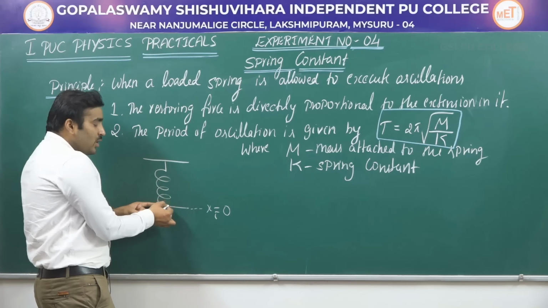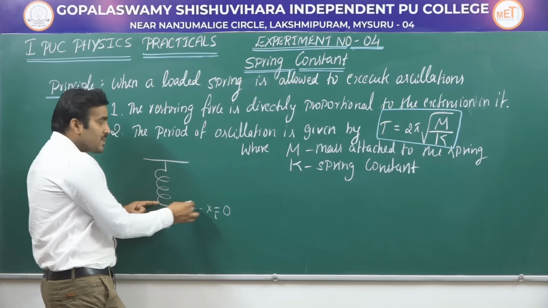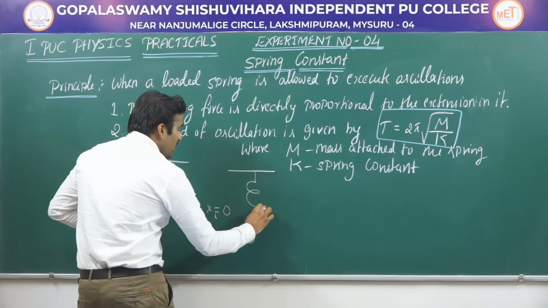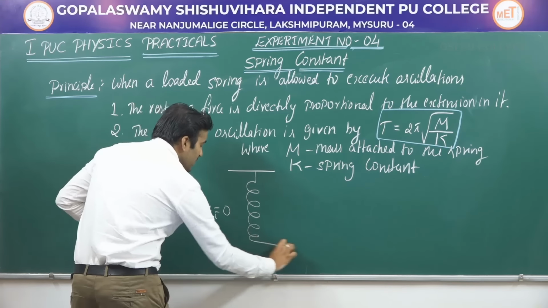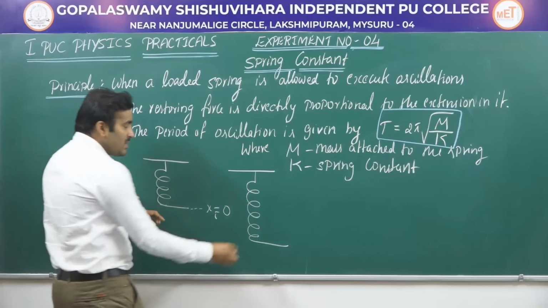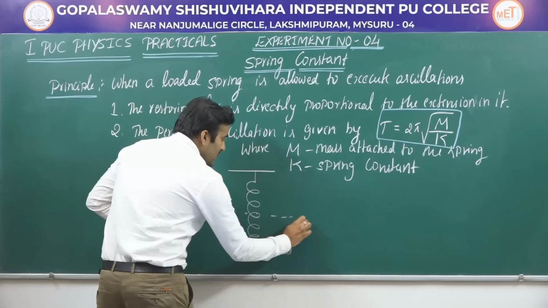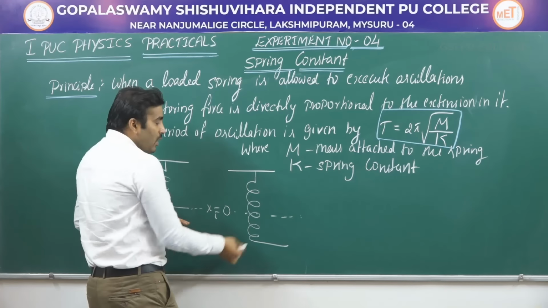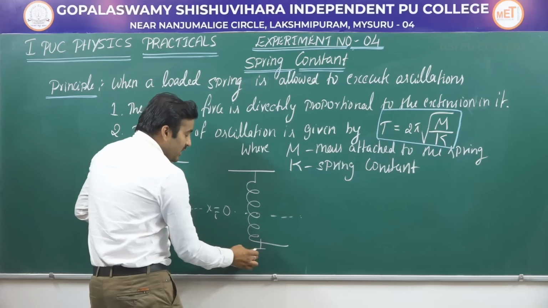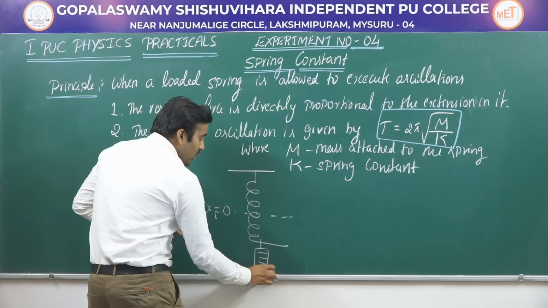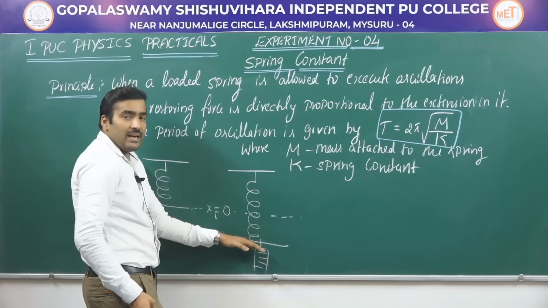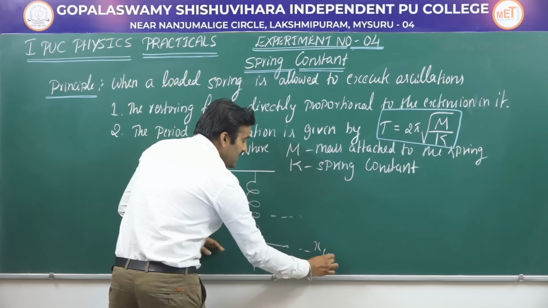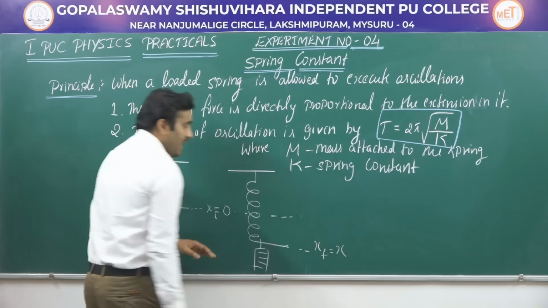When I attach the load, the spring will be extended like this. Means if this is the equilibrium position, after applying the load the spring will be extended so that its new position will be xf, which is equal to some x.